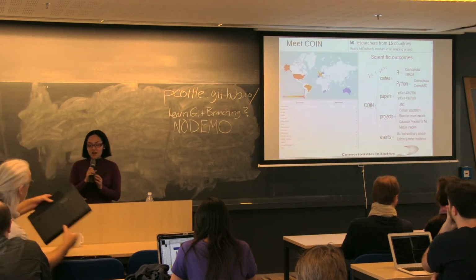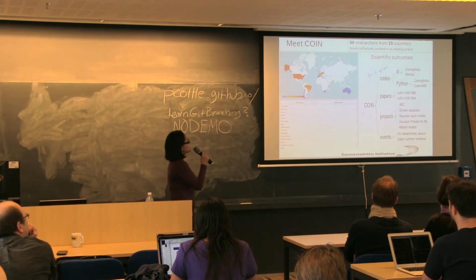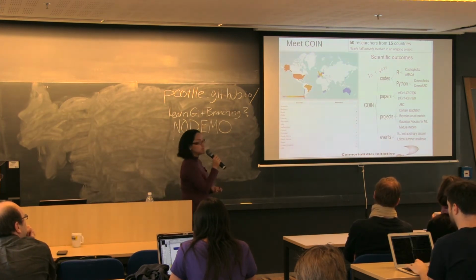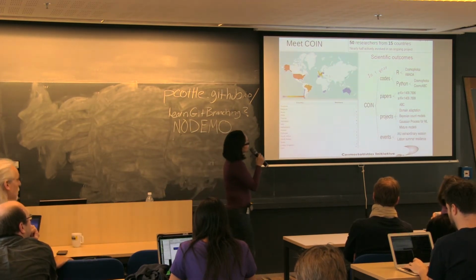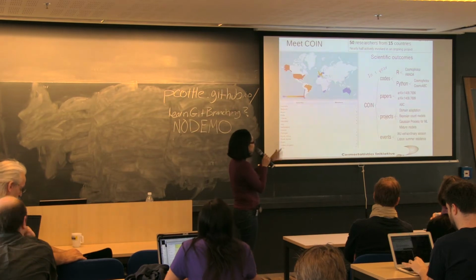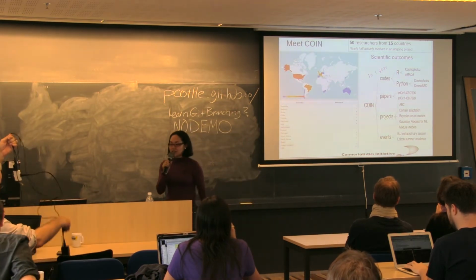So COIN now has 50 researchers from almost 15 countries. This is a bit outdated, but it's pretty much the projects and tools that we have at this point.